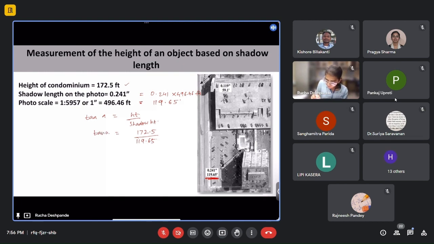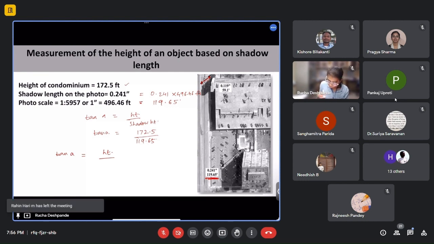Now for this building, we only know the shadow length, but we do not know the actual height of this object. There also we can apply the same formula. Tan A, here height is unknown, and shadow length is 59.1 feet. This solar angle will be constant for a scene; the solar angle would be constant for all the objects.